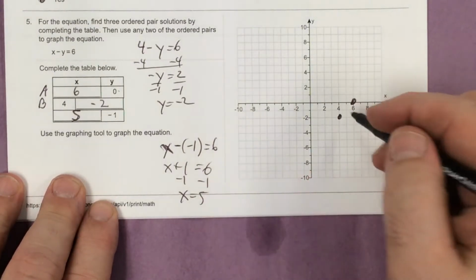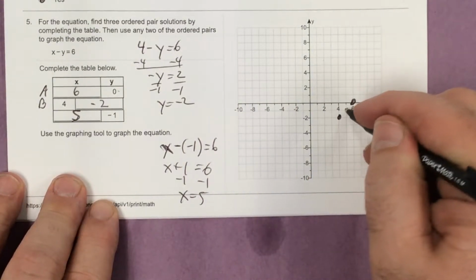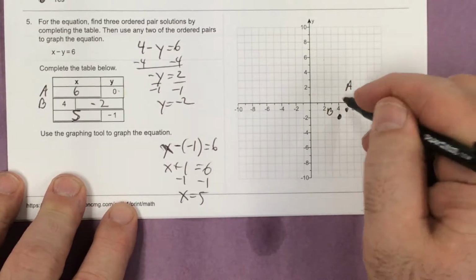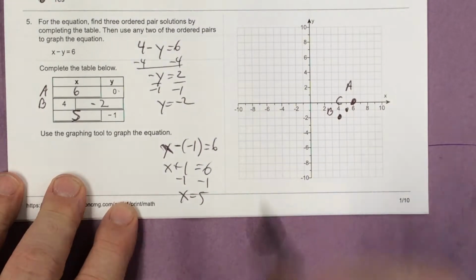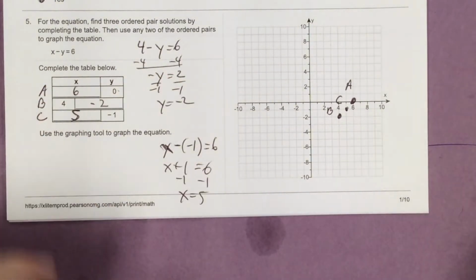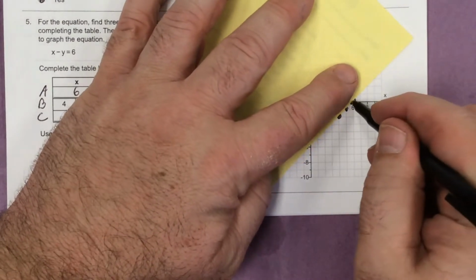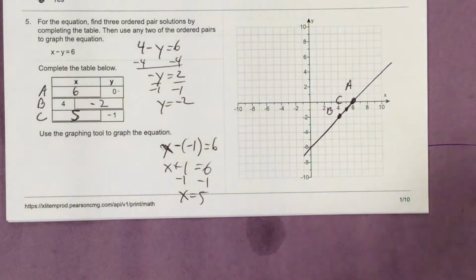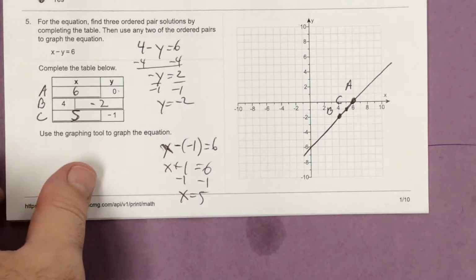And it appears that these 3 points, A, B, and C, land on a straight line. Your graphing tool on the computer will put a straight line through these, or you may need to do some of that work yourself. But it appears that these land on a straight line, and we've now come up with 3 different points and plotted a line through the points generated from the table in the equation.